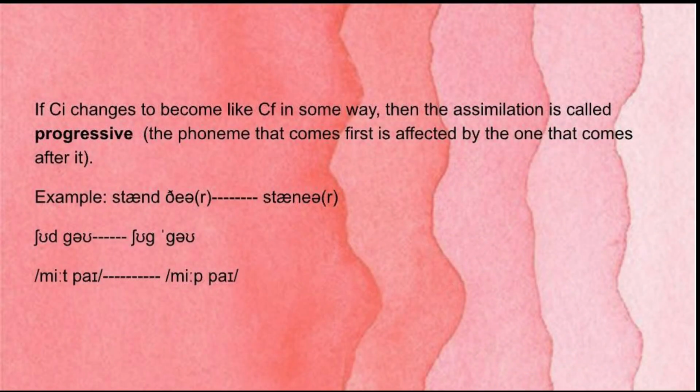So, the other way around, we have progressive. Progressive means that the phoneme that comes first is affected by the one that comes after it, as in the following examples. Stand near will become stand near. In the second example, should go, we have that the D sound is adopting the G sound.